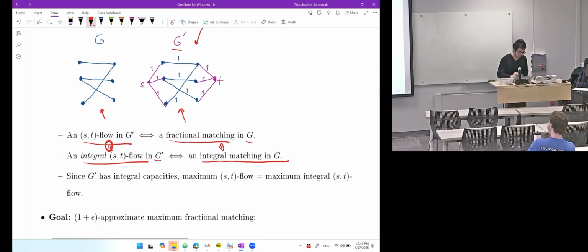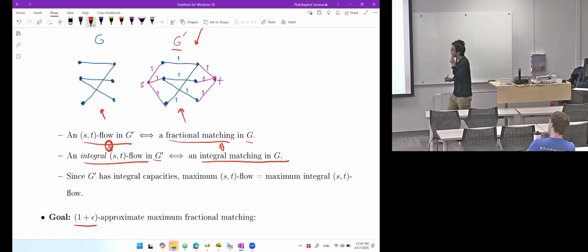Our goal now is to compute a 1 plus epsilon approximate maximum fractional matching. The size is going to be the same, and we will return a fractional matching, not an integral one.